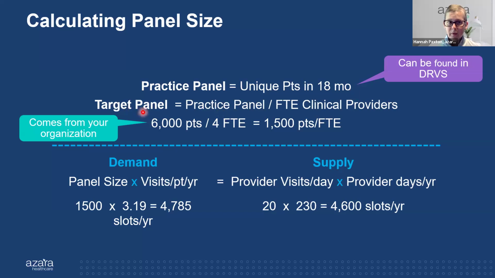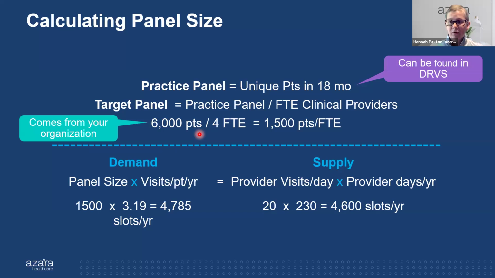And then we're going to calculate a target panel, which is our ideal practice panel of unduplicated patients divided by full-time equivalent clinical providers. And again, you'll have to decide which providers count in this, in your panel management. Typically, it's going to be those who are PCPs. This 6,000, that's a number we made up, but you would get that from your organization.